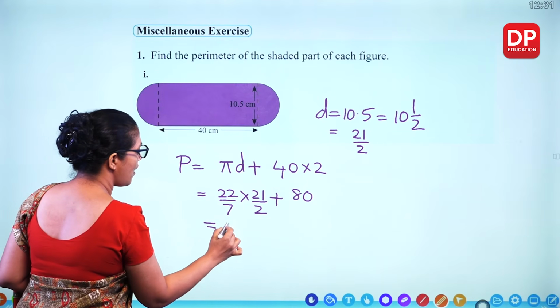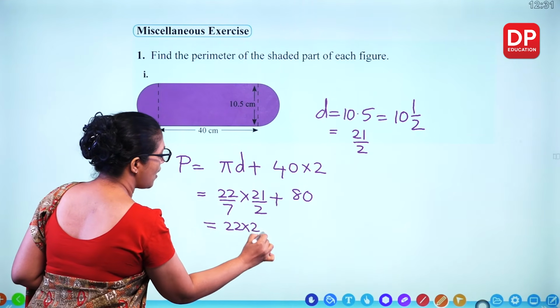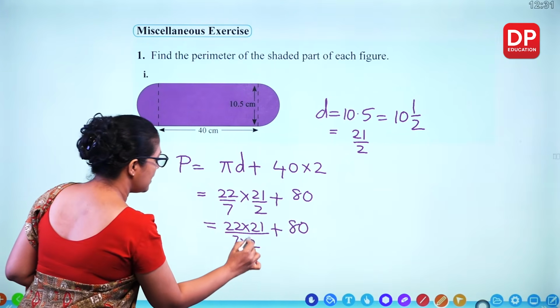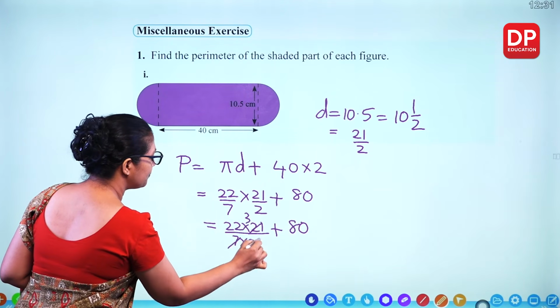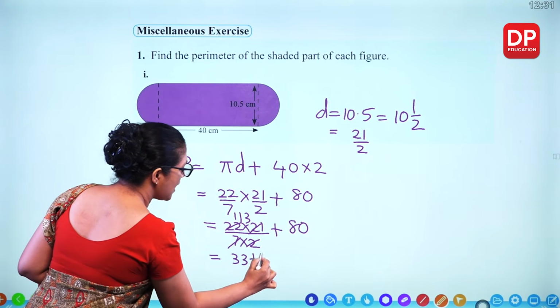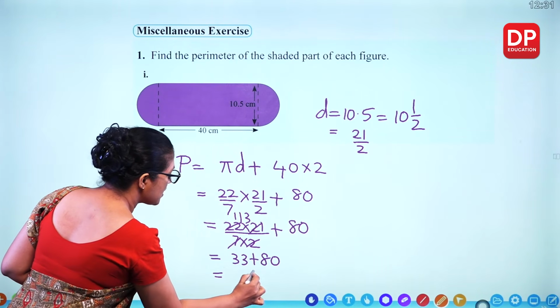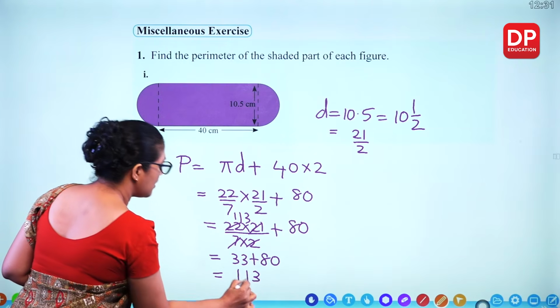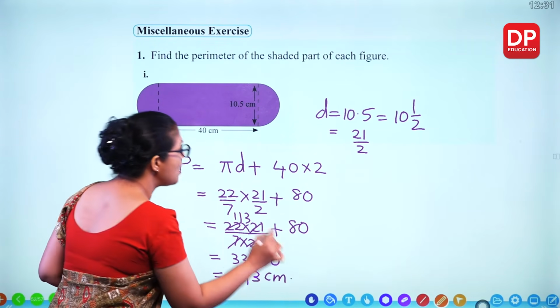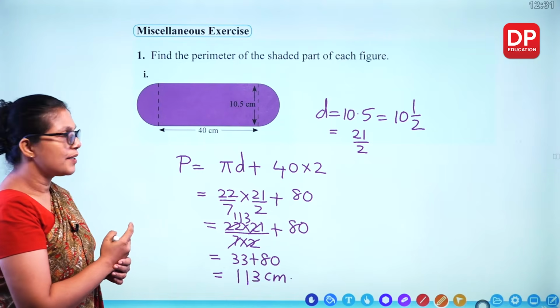When you simplify, you get 22 times 21 over 7 times 2, plus 80. 7 times 3, 2 times 11, 33 plus 80, you get 113 centimeters for the perimeter of this figure.